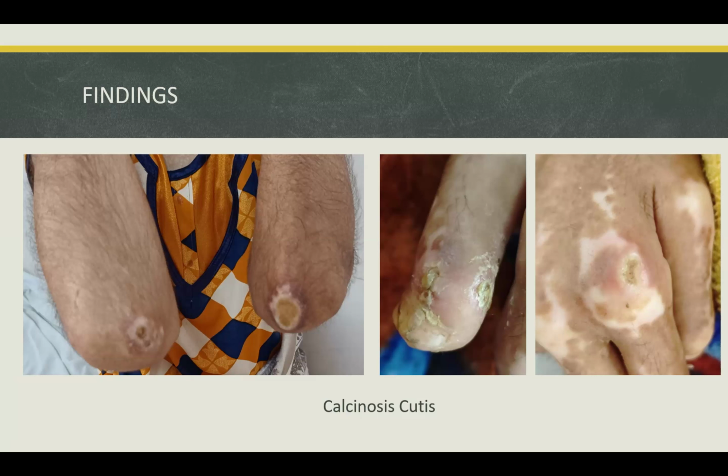Ma'am, she had calcinosis cutis on bilateral elbow and on the dorsal aspects of her MTP joint and her DIP joint. So if this case is just presented to you as a short case, or just as an OSCE, and you don't know the diagnosis, and you are asked to just examine this particular part, what are your DDs for this particular part of examination?